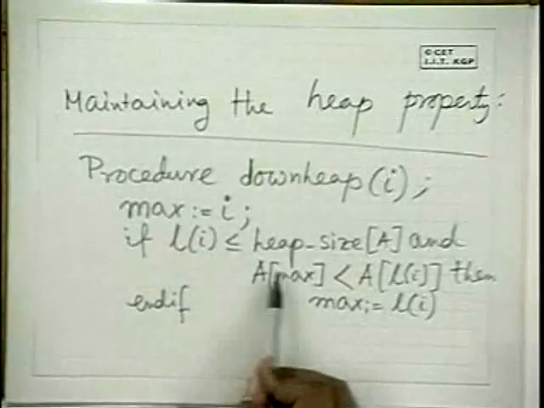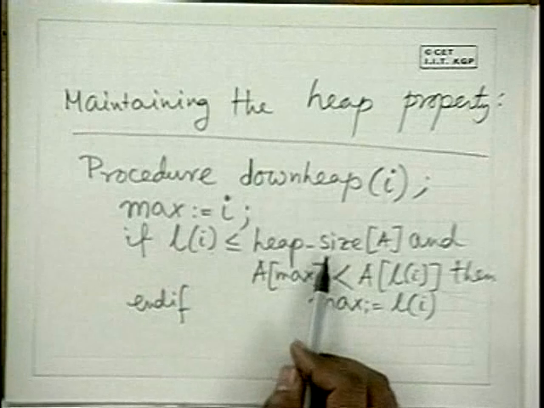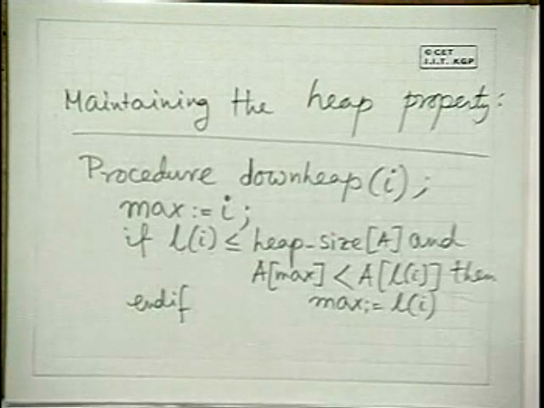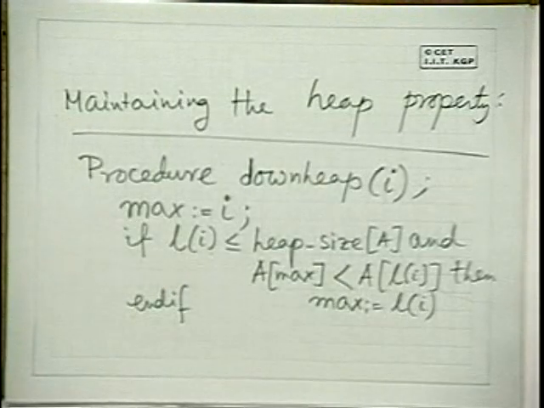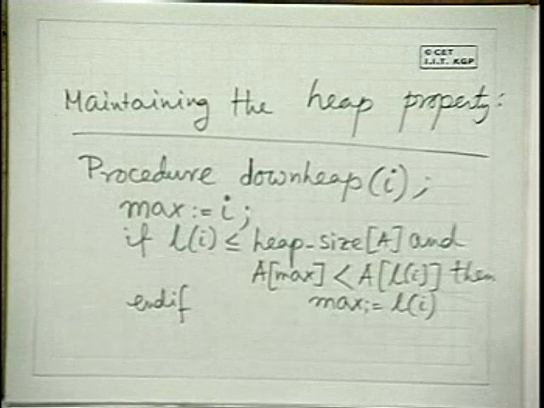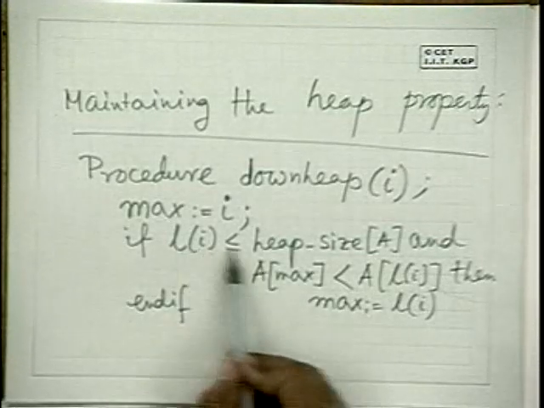So heap size A is probably a global variable. We always maintain the total size of the heap, and in terms of the array, this is the last index of the heap's elements in the array A. So Li less than or equal to heap size A basically checks that we are not going out of the heap, out of bounds, while going down the array.